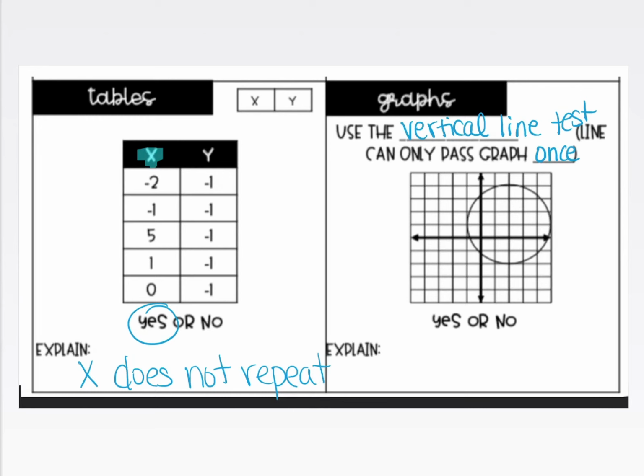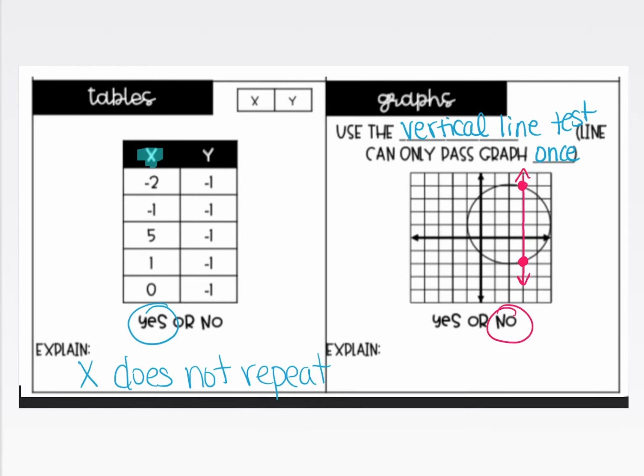So here, let's take a line and draw it right through our graph. Here, notice how our line touches our graph at this point and this point. Since our line touches our graph more than once, in this case twice, it is not a function.